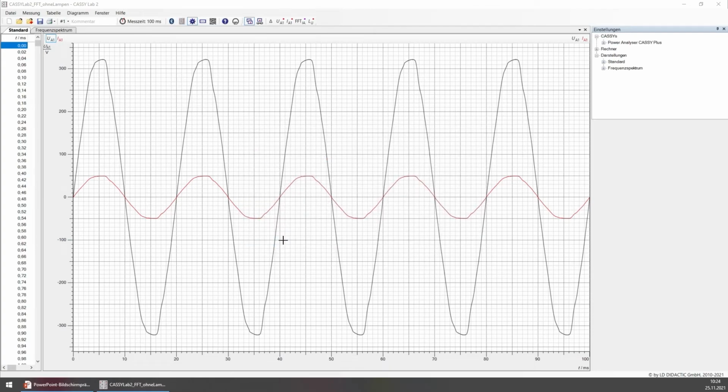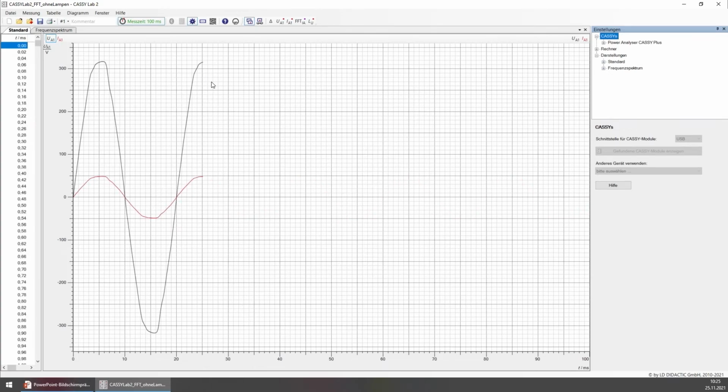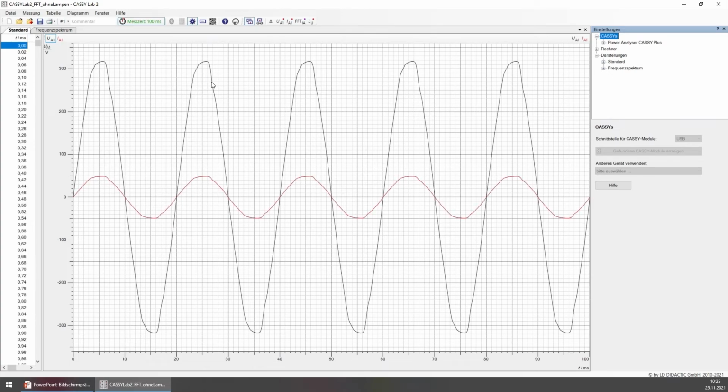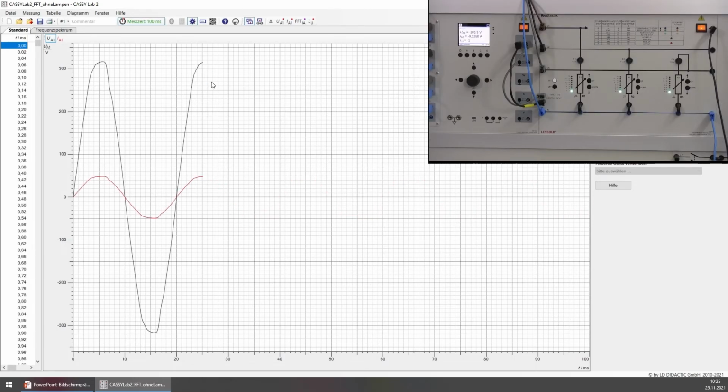Okay. What we now see here is the measurement of voltage and current in the interval of 100 milliseconds, so 5 periods of our AC grid of line 1. And when I start the measurement, you can see this is the live measurement. We have activated load level 1 at the load, so a small current is flowing through line 1.